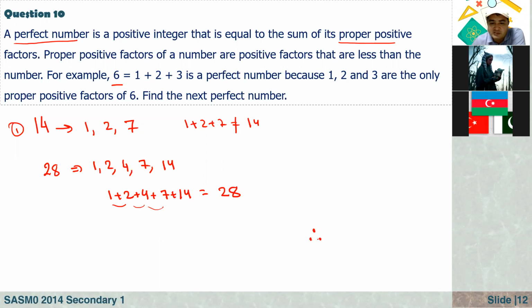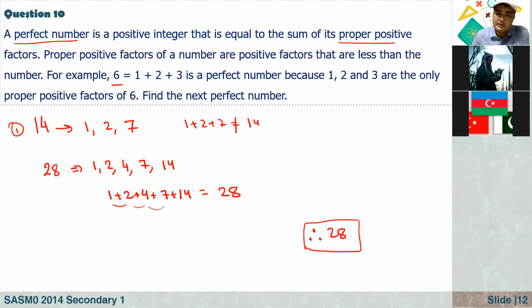So the next number after 6 is 28. Now if I ask you what is the next number after 28? Usually it is not so easy. The next number is 496, for example. It takes a lot, but I am just giving you some information about what we mean by perfect number. Such numbers exist. The first number is 6, the next number is 28.